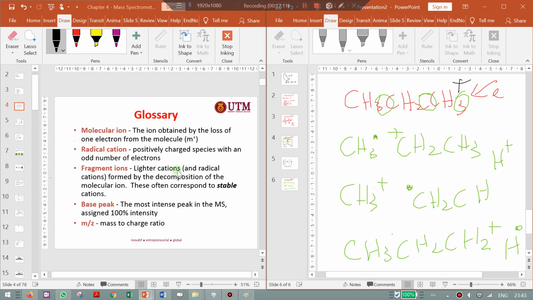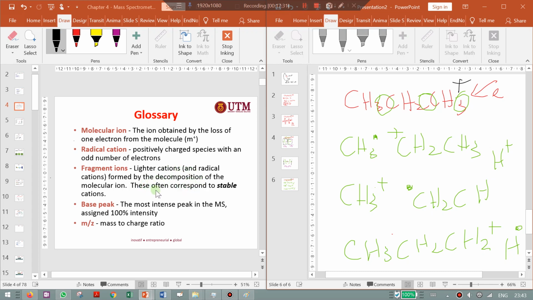Fragment ions are the lighter cations formed by the decomposition of the molecular ion. This often corresponds to the stable cations. And radical cations, meaning fragment ions formed by lighter ions and radicals from decomposition of the molecular ion.